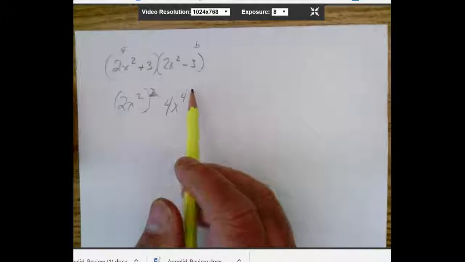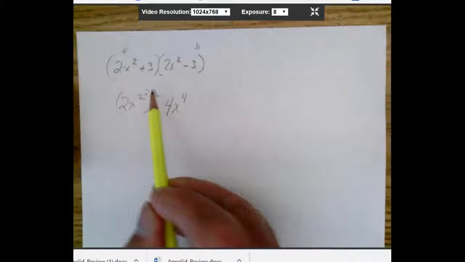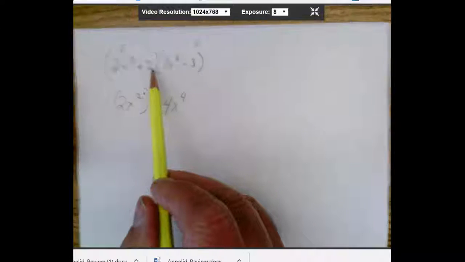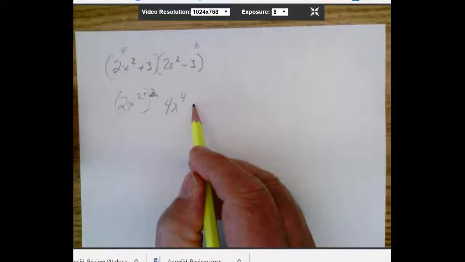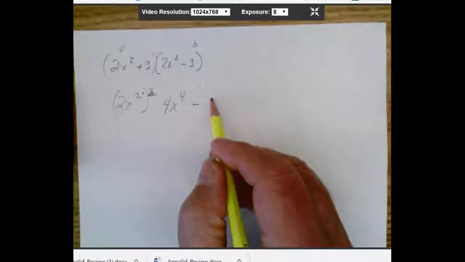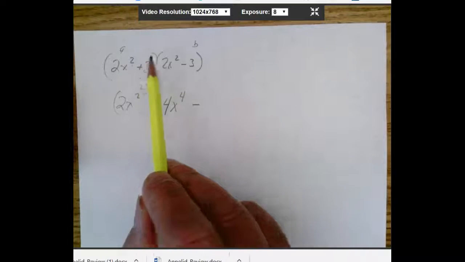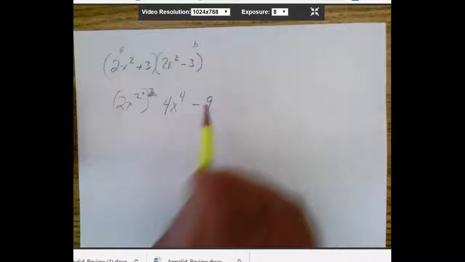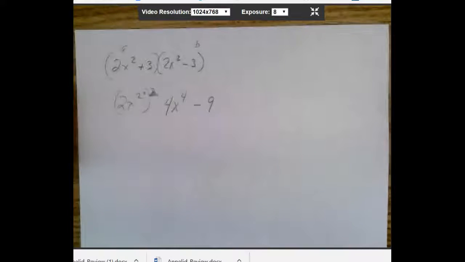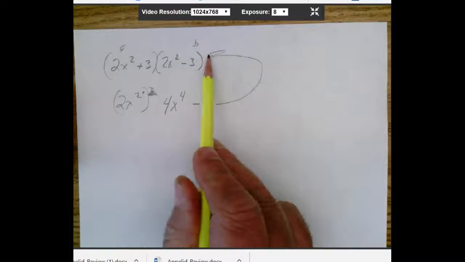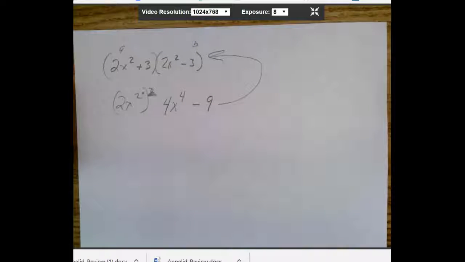And then the other one we just square, so it's minus, and 3 squared is 9. So 4x to the 4th power minus 9 is the product of a sum and a difference.